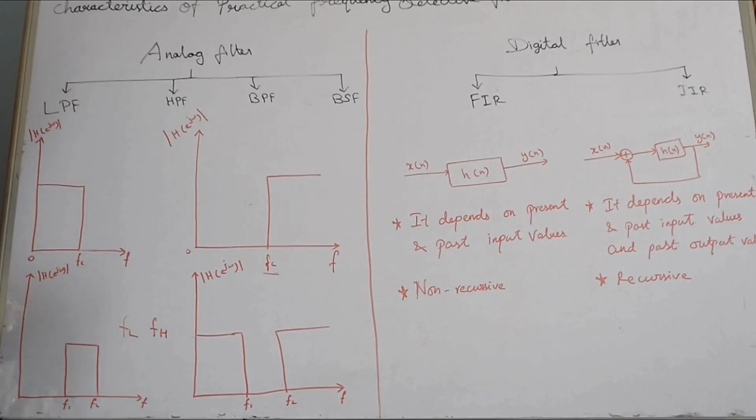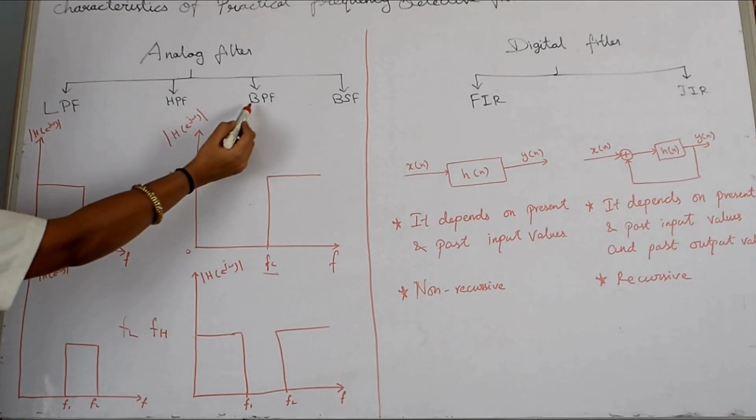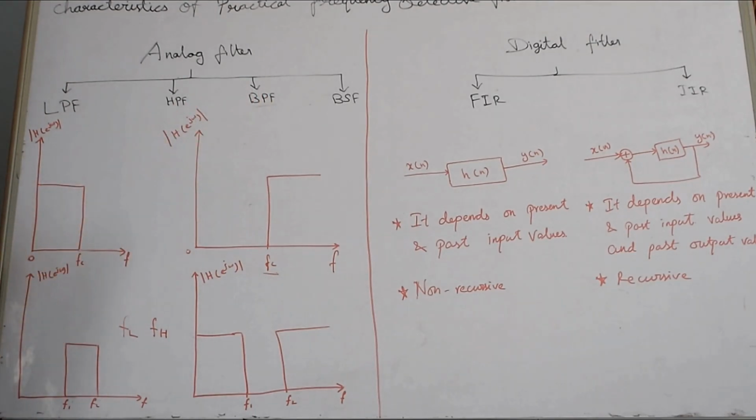In general, we will be using band pass filter for the real-time applications. Why? Because for every speech signal, we will be having low frequency level and also high frequency level. So we have to consider both frequency levels in order to avoid the distortion and to get the proper output. So we are going for band pass filter for the real-time applications.